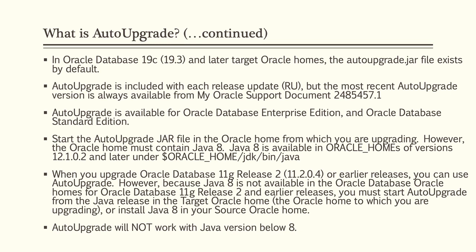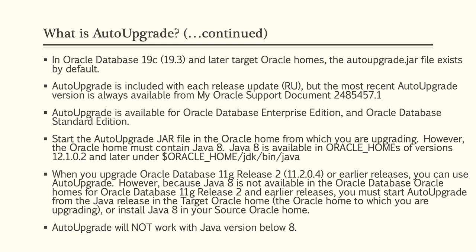For example, if yours is an 11.2.0.4 version today, that means you are pretty old. You are most probably running on Red Hat Linux 6. And you might not have ever upgraded from Red Hat Linux 6 or Oracle Linux 6 to version 7. But when you look at the certification matrix for Oracle Database 19C, it is only certified with Oracle or Red Hat Linux version 7.